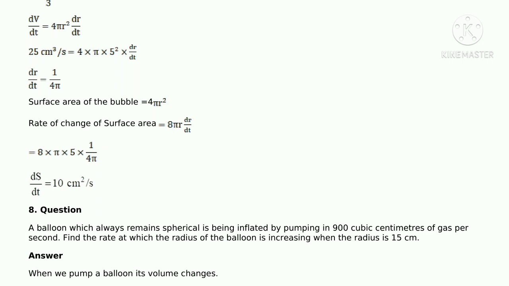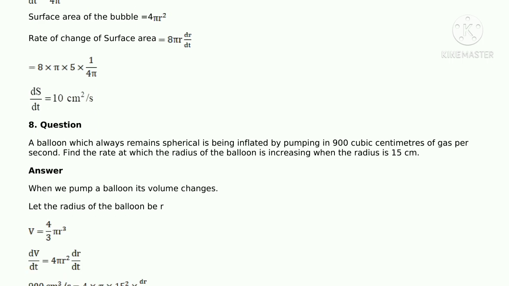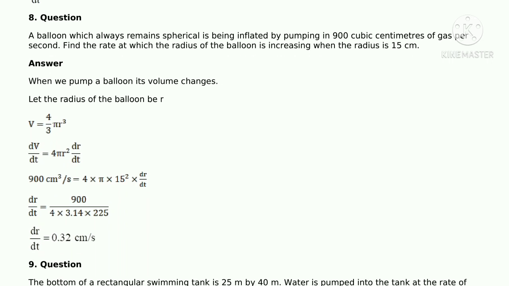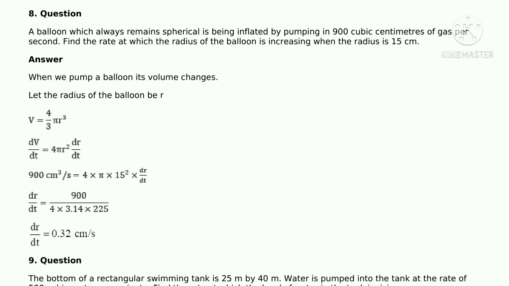In this way, now the next question, question number 8. The question is: a balloon which always remains spherical is being pumped in with 900 cubic centimeters of gas per second. Find the rate at which the radius of the balloon is increasing when the radius is 15.